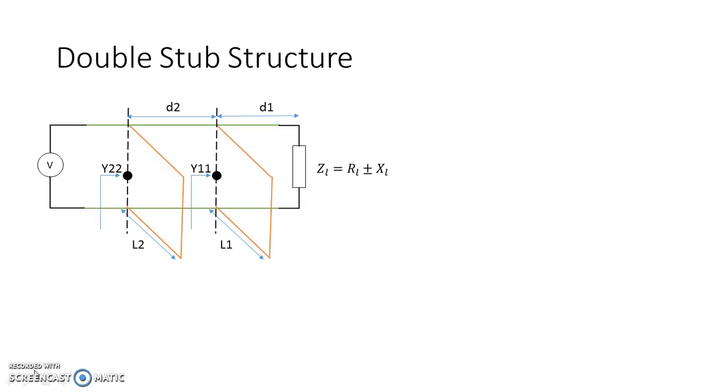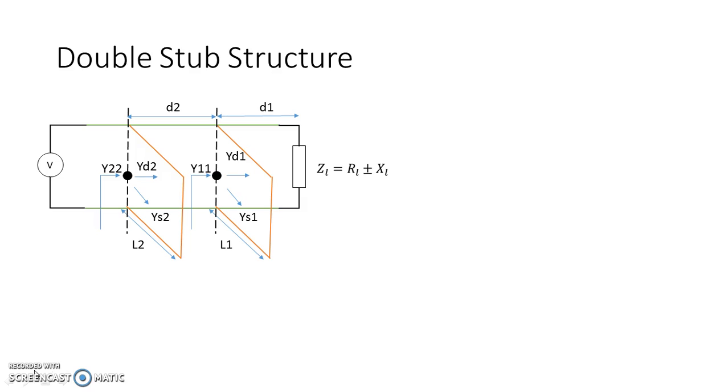We see over here that Y11 comprises two elements: one coming from the transmission line side and the second coming from the stub side. We name them YD1, which is coming from the transmission line side, and YS1, which is coming from the stub side. Similarly, Y22 can also be decomposed into YD2 and YS2.